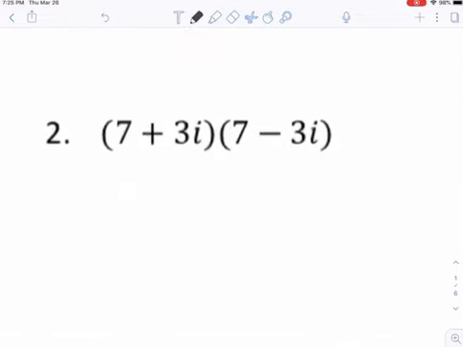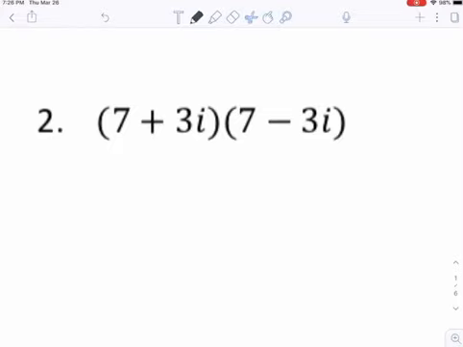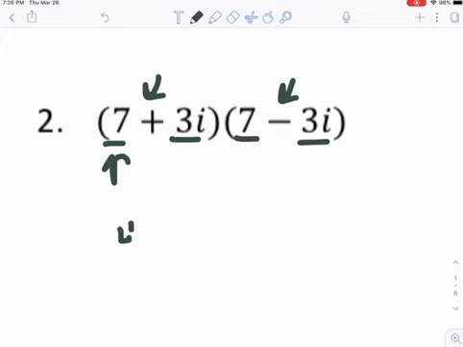Then in number 2, hopefully you realized this was a difference of two squares. Again, same two terms, one's plus, one's minus. I'm going to do the shortcut. If you did the long way, hopefully you end up with the same answer as me. So I'm going to square this first term, that's 49. And then I'm going to square this term. Remember, you're squaring the 3 and the i, so that becomes 9i squared.